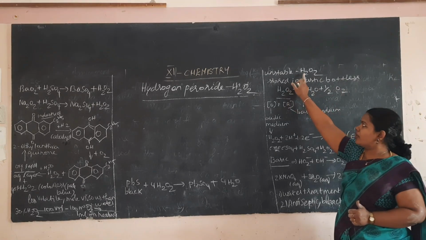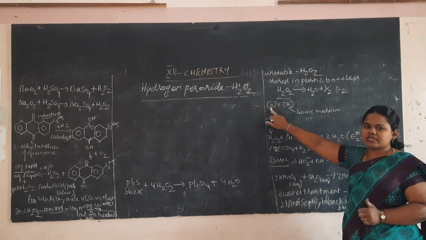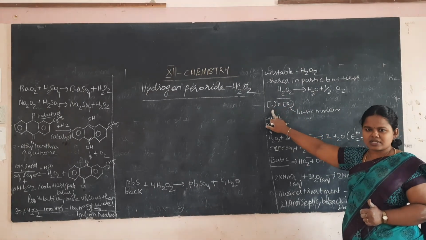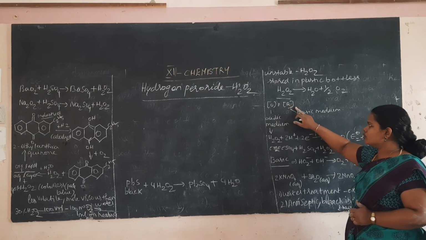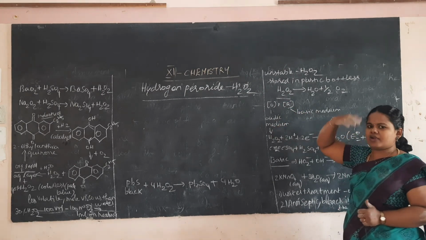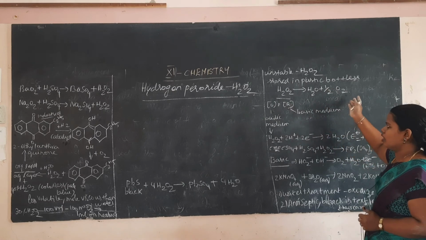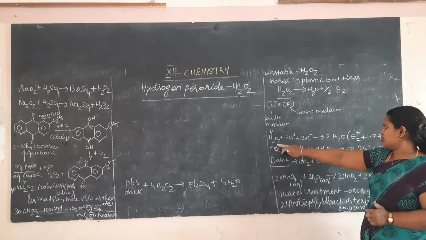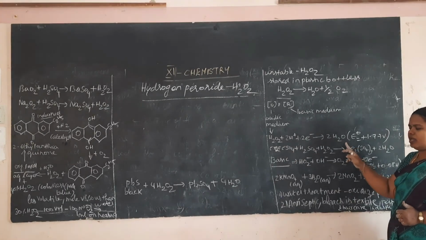Then hydrogen peroxide can be used both as an oxidizing agent and a reducing agent. As an oxidizing agent, in acidic medium it will undergo one reaction, in basic medium another. In acidic medium hydrogen peroxide forms water.